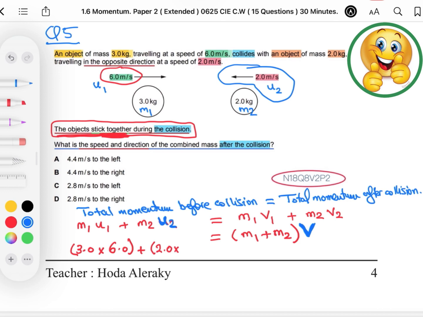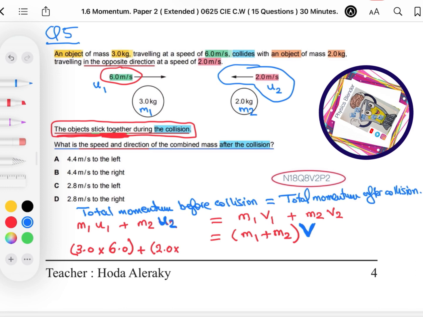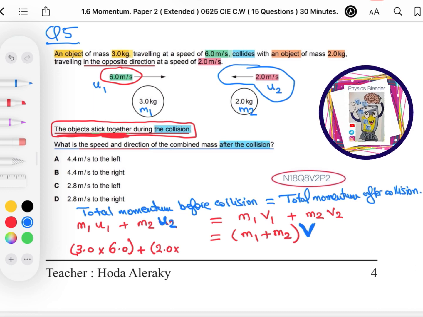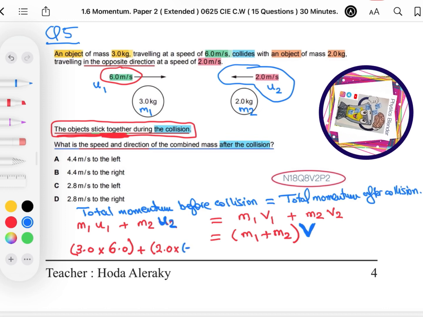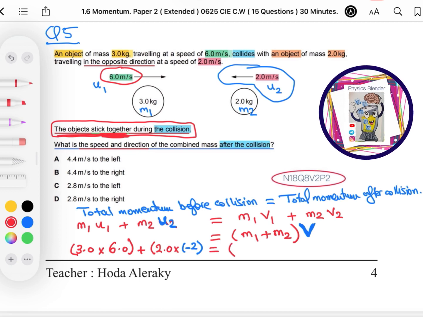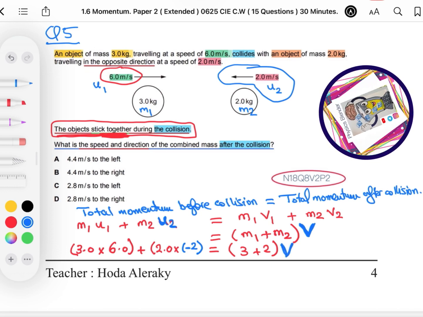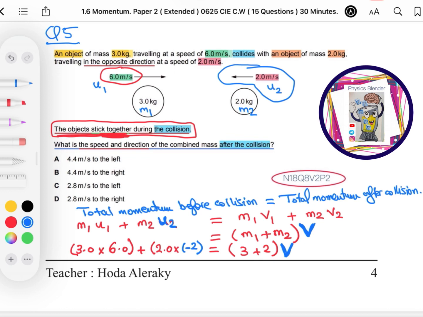Since velocity is a vector quantity, when you are using this equation, pay attention, you use a negative sign, because here velocity is in opposite direction to U1. So I will substitute here negative 2. This is equal to M1 plus M2, which is 3 plus 2, and the unknown velocity is V, the velocity of the two objects when they stick together after collision.